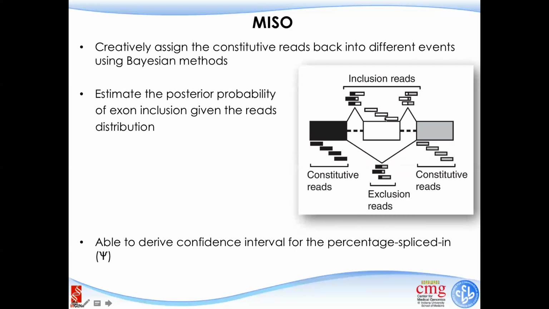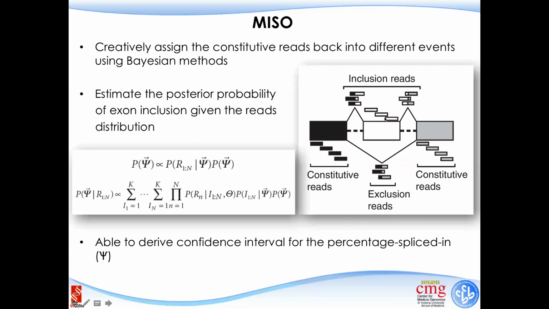Basically, the method uses a Bayesian approach to estimate the posterior probability of exon inclusion given the read distribution, with the assumption of inclusion and exclusion happening. It's similar to the MLE function I gave in Cufflinks: with the observed reads, what is the posterior distribution of the inclusion happening there.